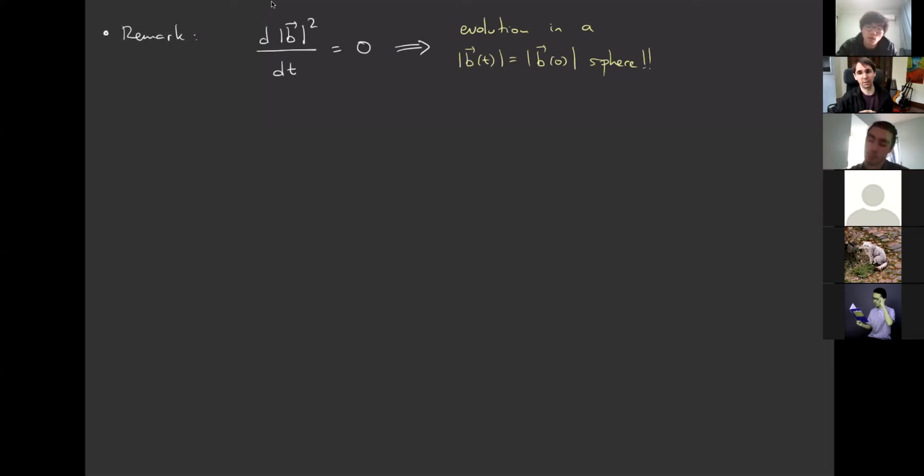Therefore, unitary transformations cannot change the entropy. The entropy depends only on the eigenvalues, which in turn depend only on the magnitude of B, and therefore the magnitude of B cannot change under unitary transformations because that would change the entropy.